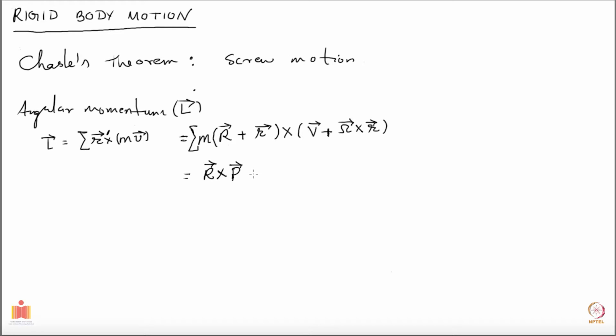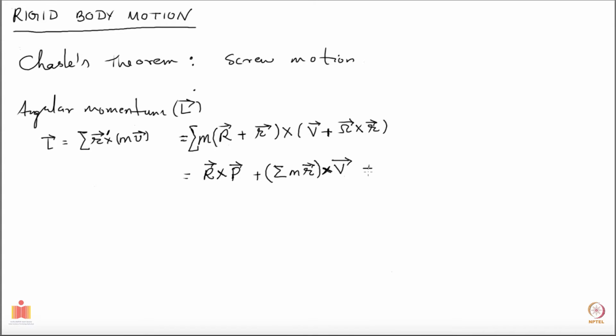So that's the first term. Then you get the summation of m r, and this entire thing crossed with V. V does not depend on the body index, so the summation sits outside.